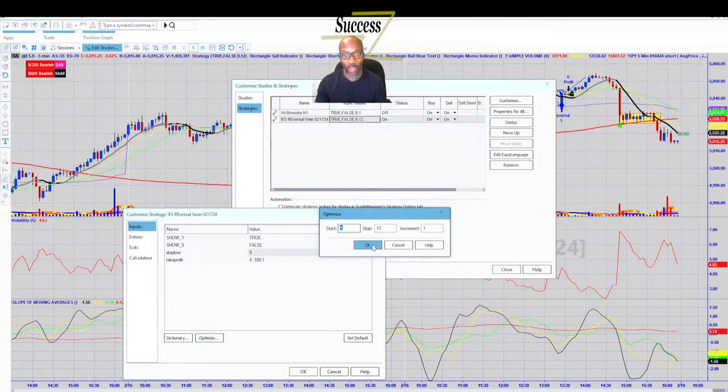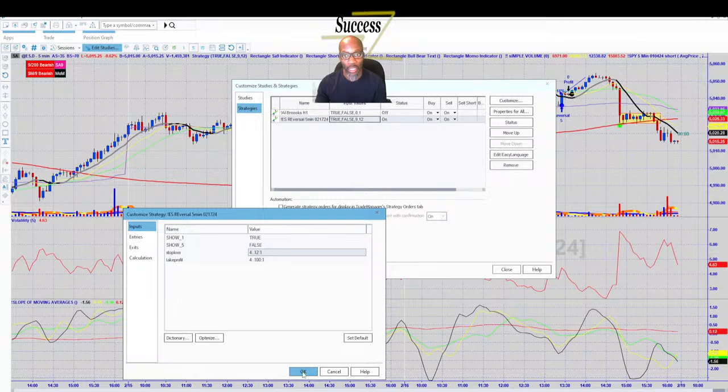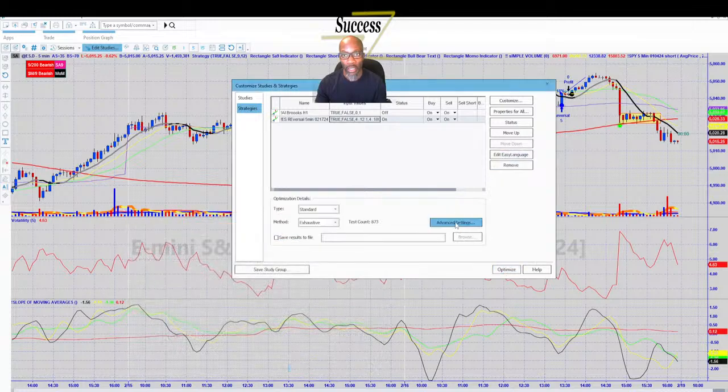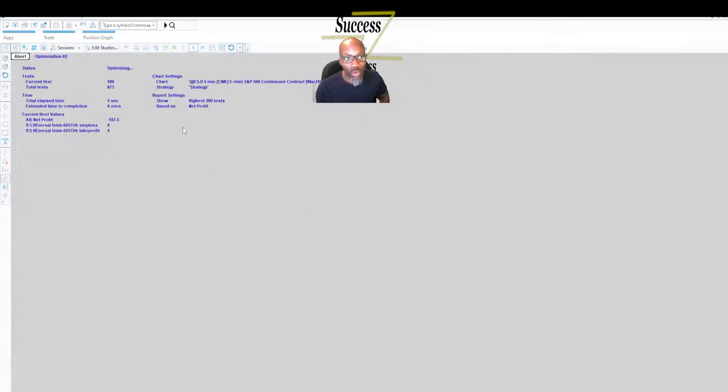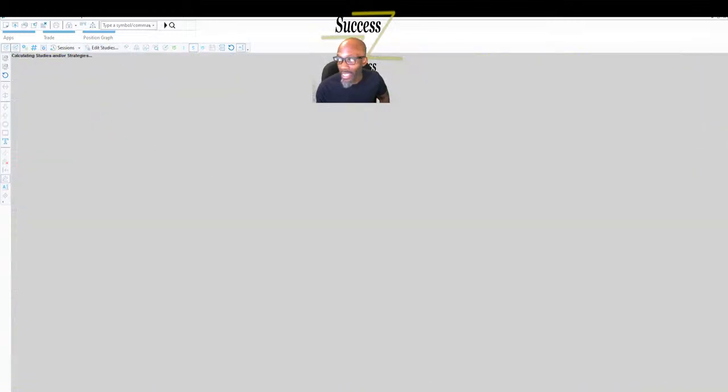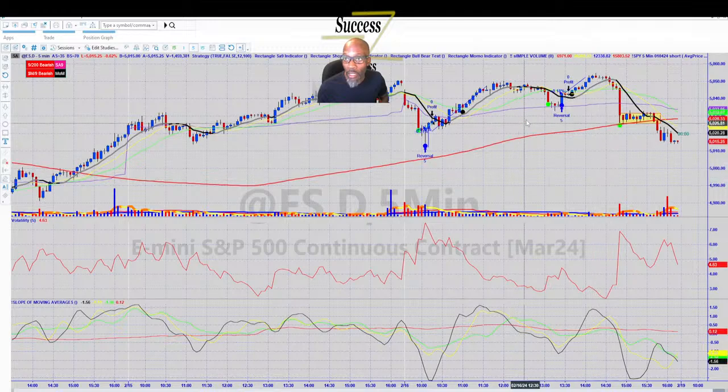We don't really have to move this one too much because this is the stop loss side. All right, see what we get. Still down 187. Yeah. All right. Take profit didn't come any higher.